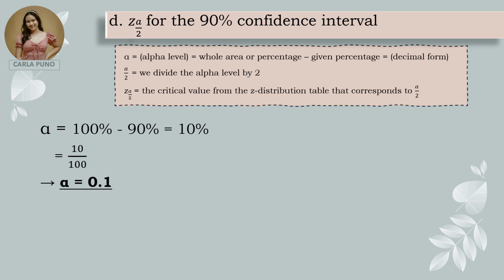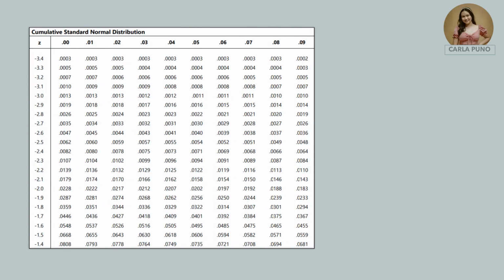Now we have alpha equals 0.1. And we divide it again by 2. Therefore, we have alpha divided by 2 equals 0.05. And for our 0.05, we are going to look for its closest value on the z-table.